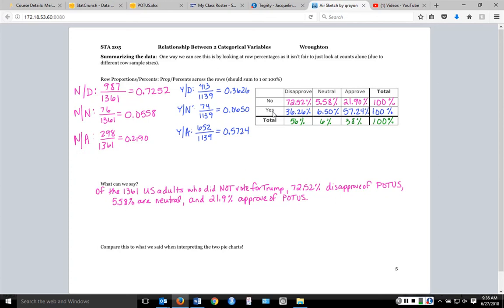Then we can do a similar thing for our yes row. But this time we're looking at 1,139 U.S. adults, and these did vote for Trump.